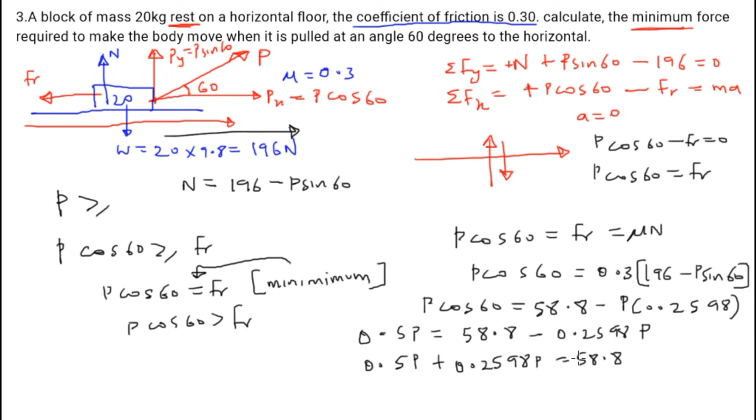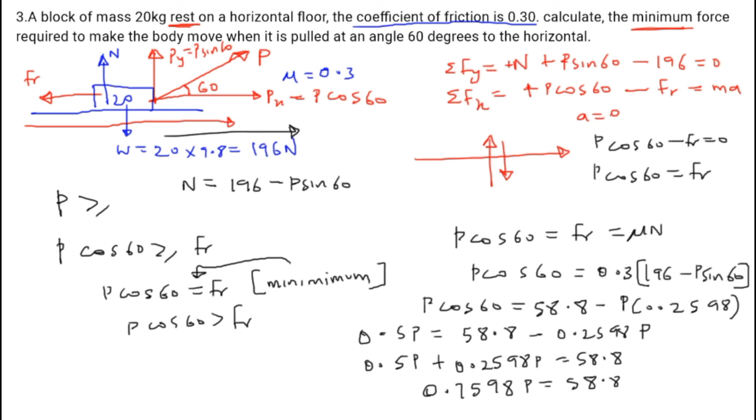So 0.2598P plus 0.5P, that's equal to 0.7598P, and that's equal to 58.8.